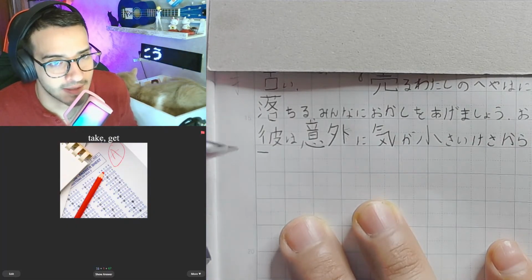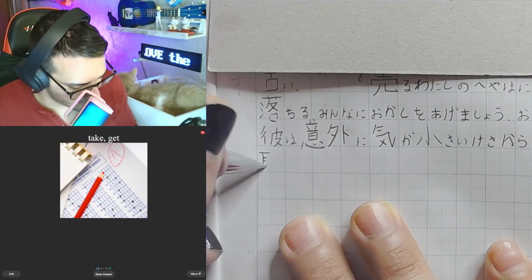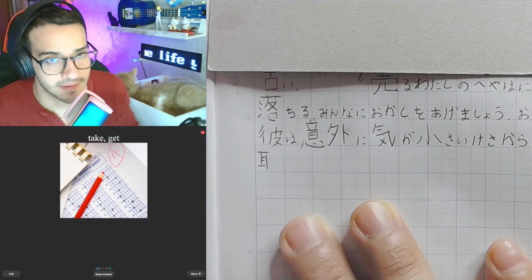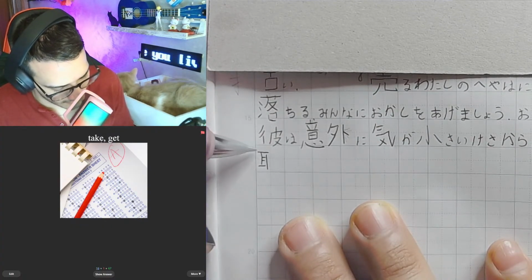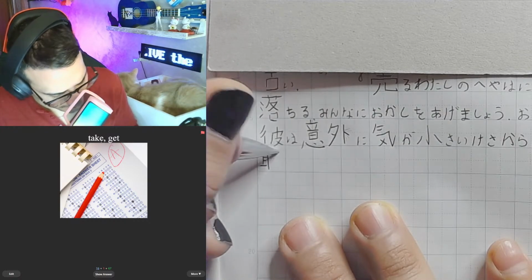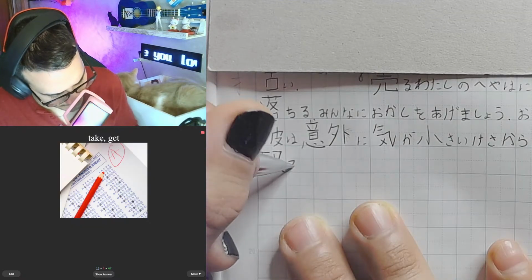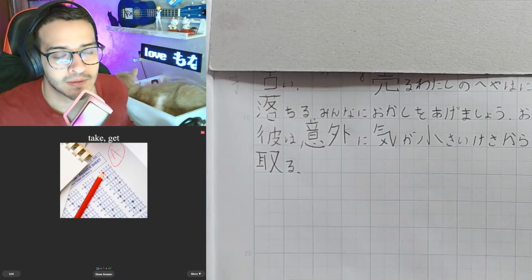In this case, it's as in I got a good score on the math test. So we have the radical for ears, and then again. Take or get.